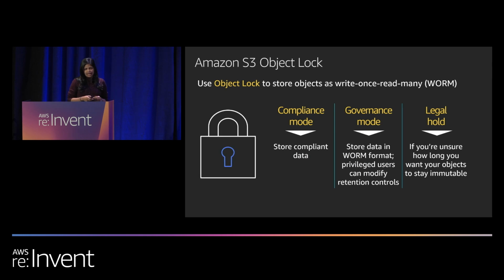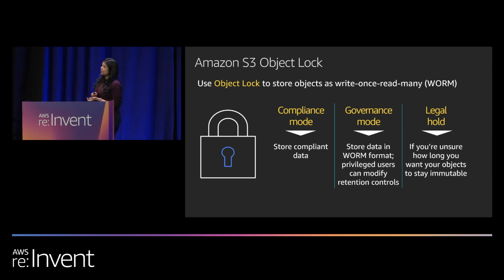Now let's look at object lock. Another important data protection feature is object lock, which gives you the flexibility to set retention controls on individual objects or all objects in a bucket by using bucket defaults. Object lock features multiple retention modes that apply different levels of protection.